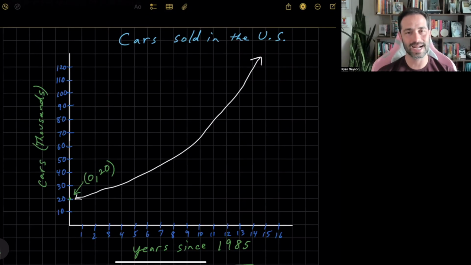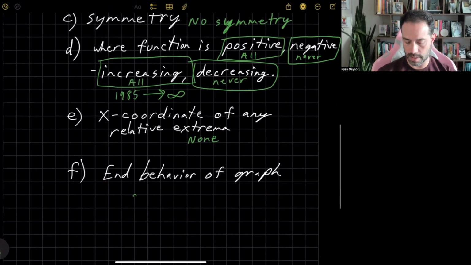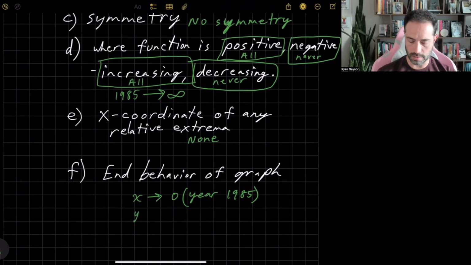So we would say, and you always want to preface it by starting with the x-axis: as x is approaching 0, which is year 1985, y is approaching 20,000 cars sold. So as x is approaching 0, or you can say year 1985, then y, or some people call it f of x.